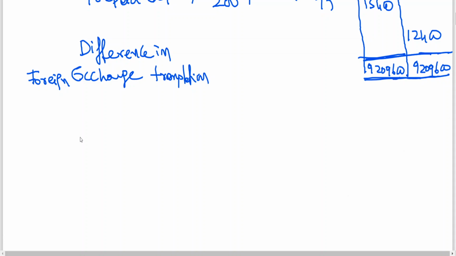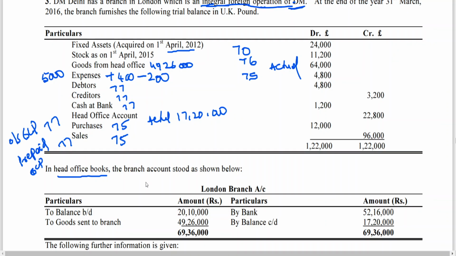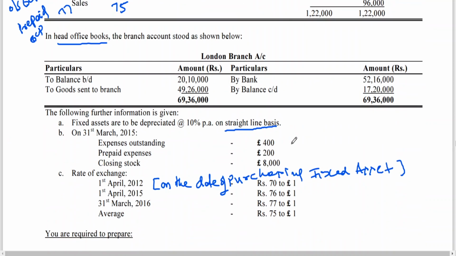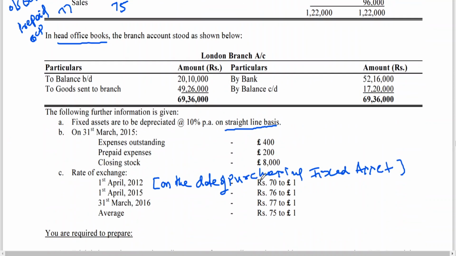Now the only thing is that we should write closing stock. Closing stock has been given in the problem, 8,000 pounds. You should multiply with closing rate, no? 77.